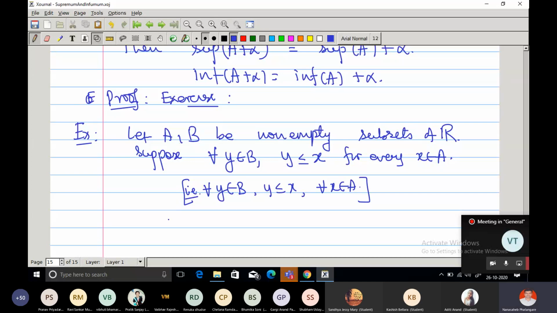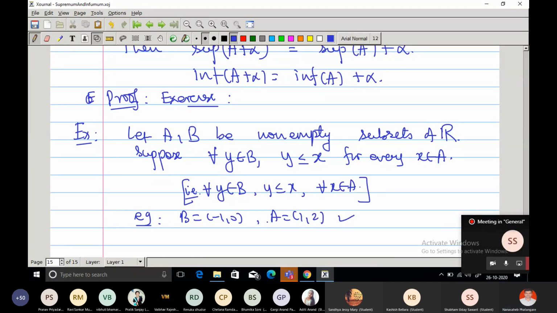Can you tell me such sets? B is equal to the interval -1 to 0 and A is 1 to 2, right?